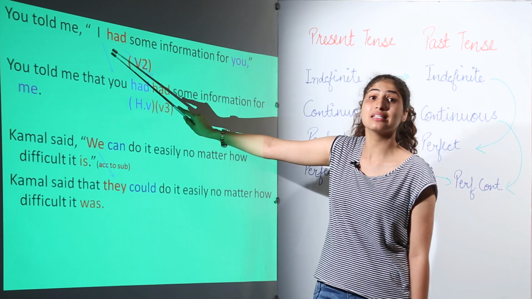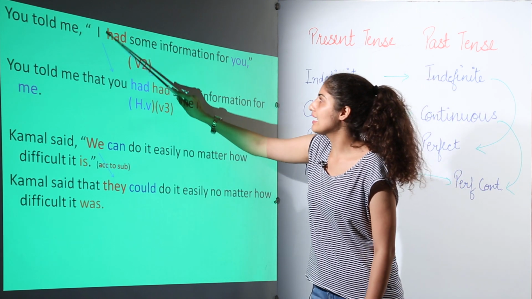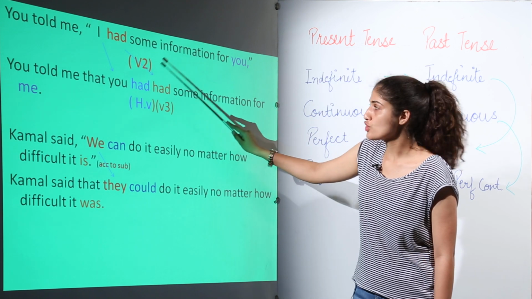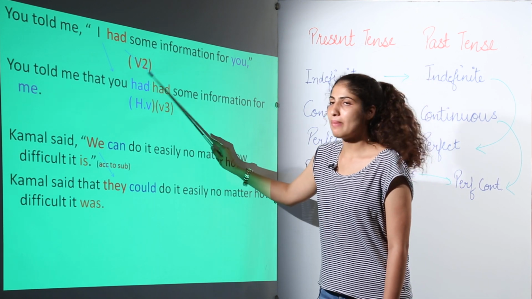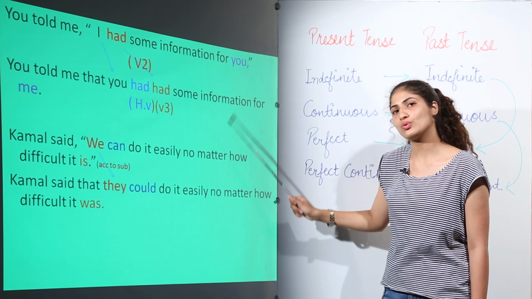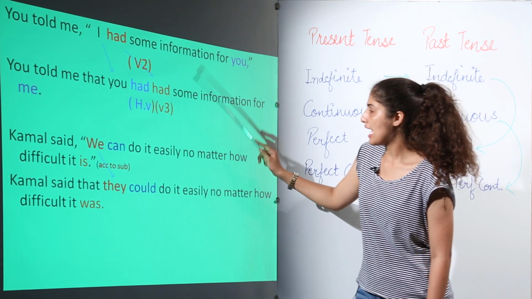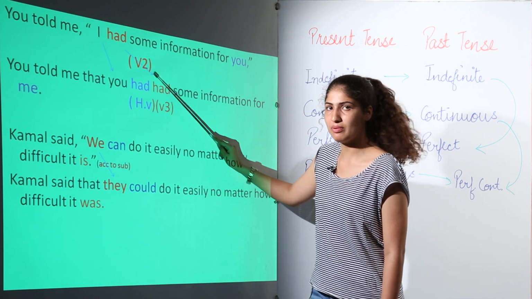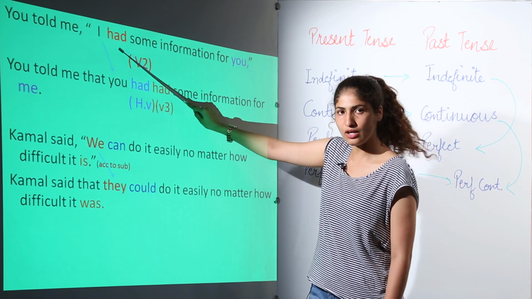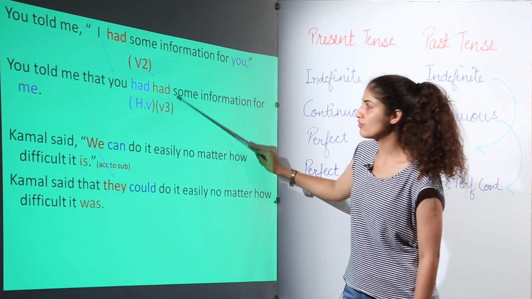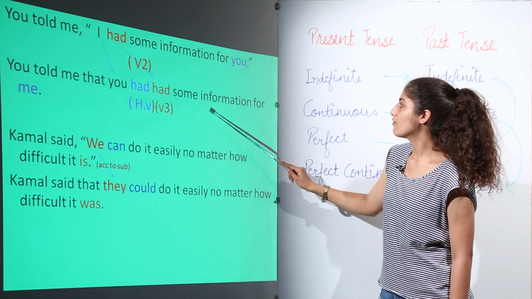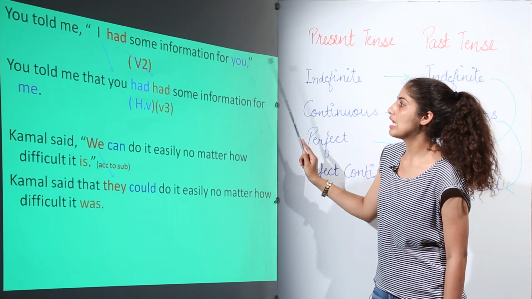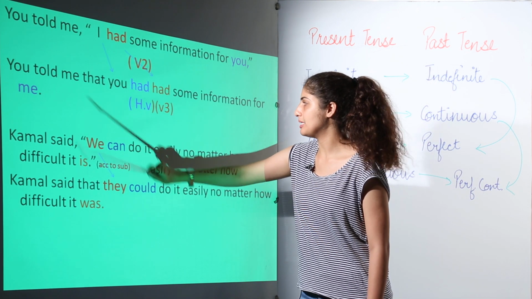Basically it is the past indefinite tense. Here the had is the second form. So since this is the past indefinite tense, we will change it into the past perfect tense, and in past perfect tense had is the helping verb, and since here the verb is had only, therefore the verb third form will remain same. For some information for you, now the you will be changed into me.